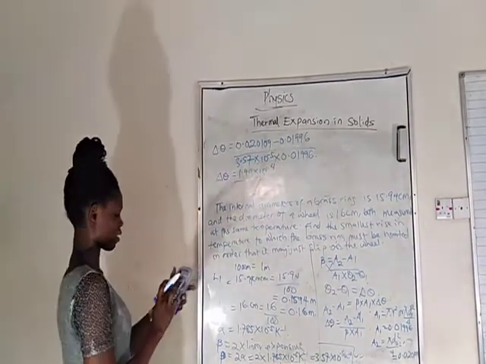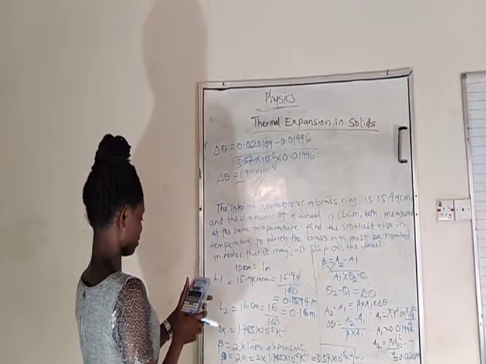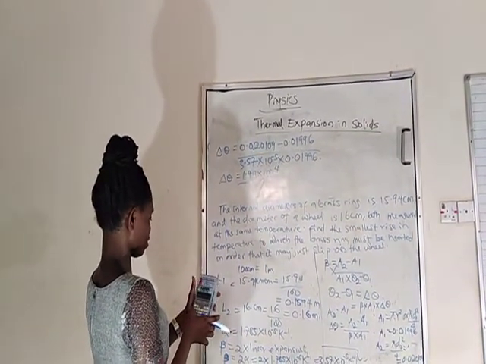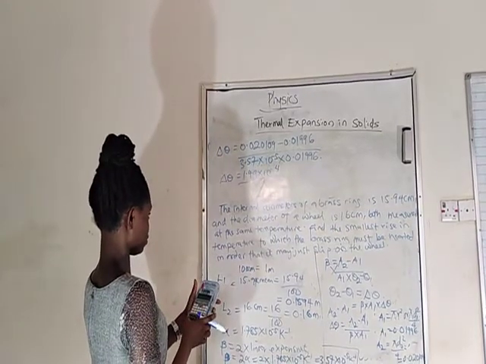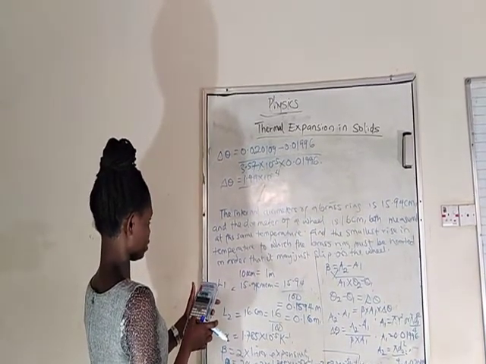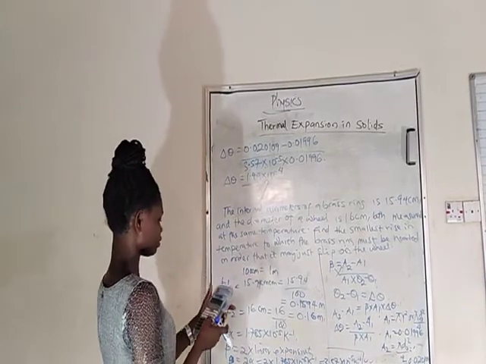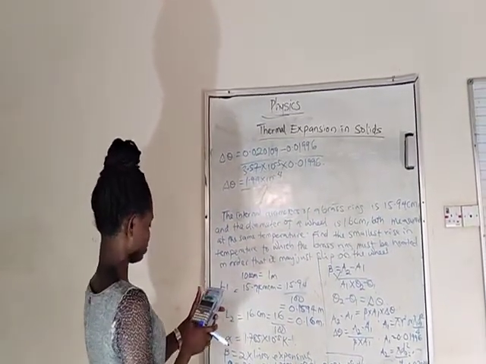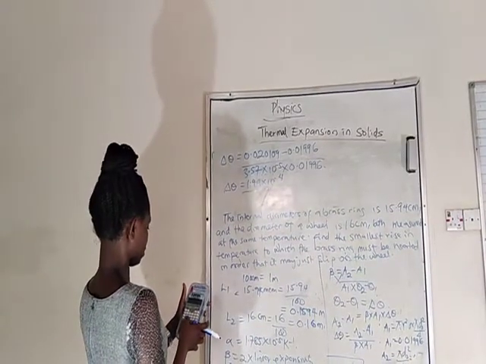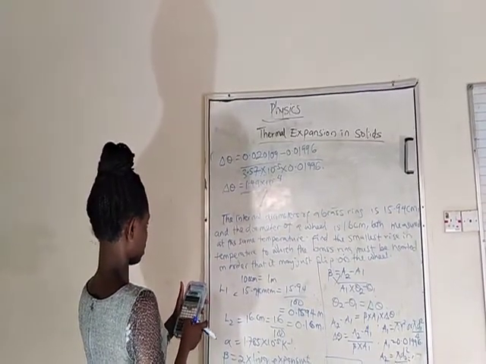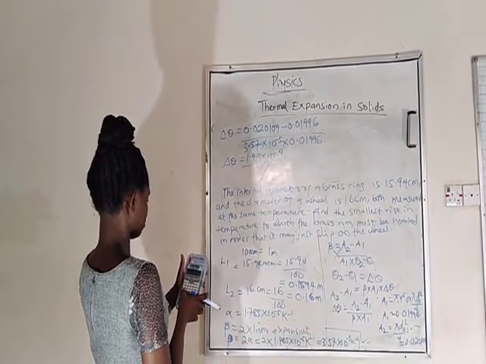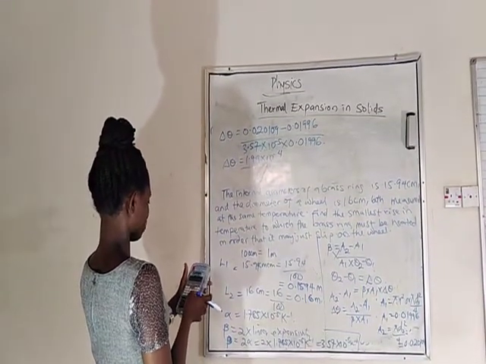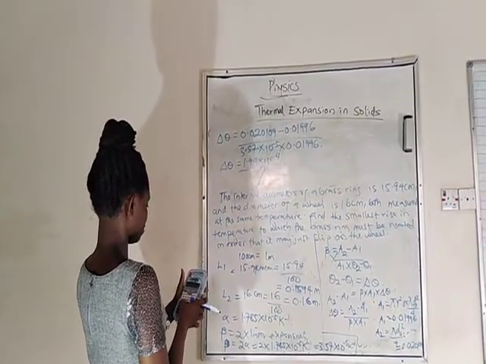Let's try that. This is really important. 3.57 times 10 raised to the power minus 5 times 0.01996.